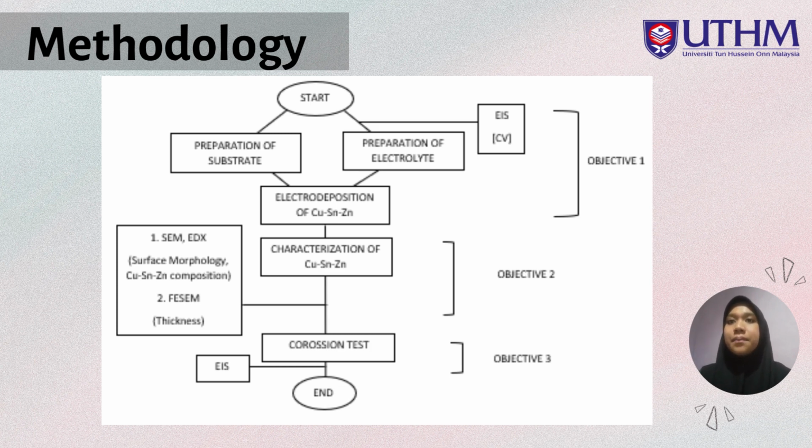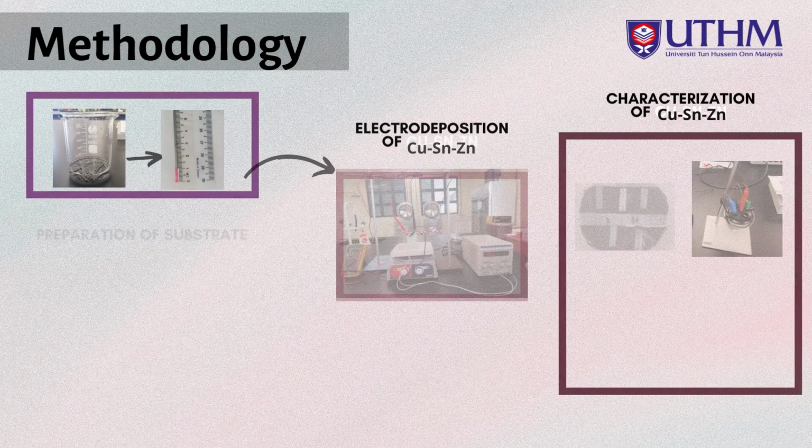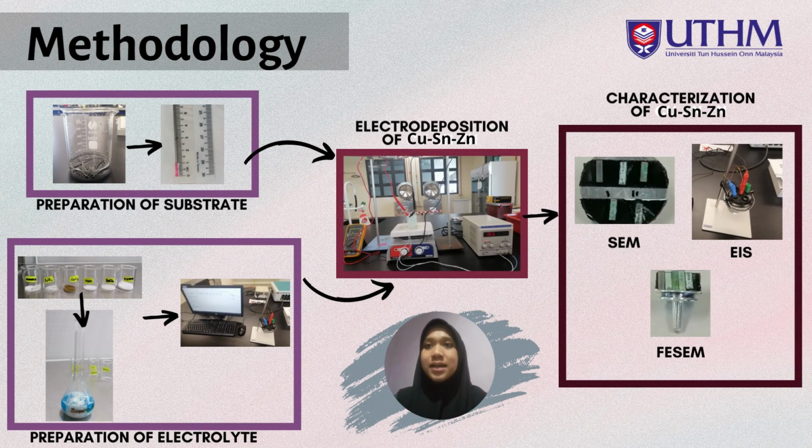Then, each sample will be analyzed using SEM for surface morphology and composition of copper tincing, and FESEM to see the thickness of the copper tincing added on the substrate surface. Here is the picture of each process, analysis, and method used in order to complete this project.